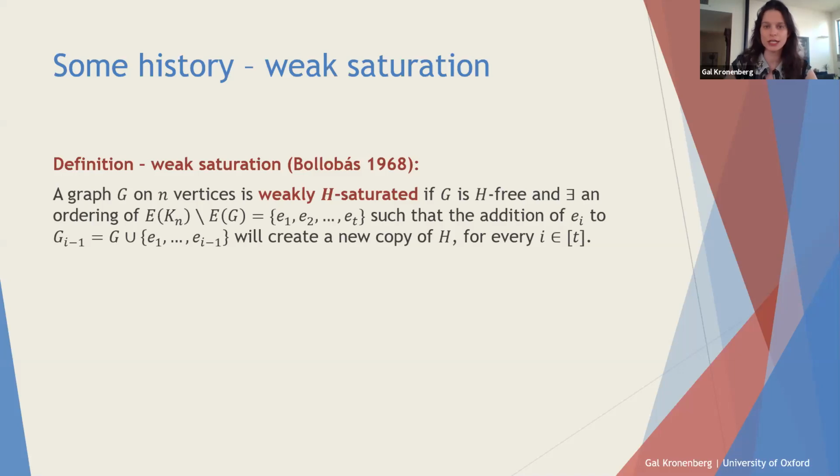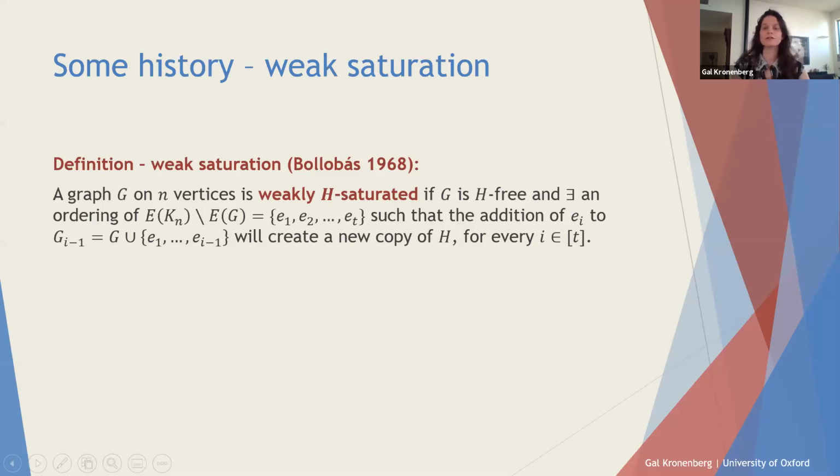We say that the graph G is weakly saturated with respect to the target graph H if we can order the missing edges, the edges that do not appear in G, such that the addition of each edge, in its order, creates a new copy of H. In this case, we say that G is weakly H-saturated, and most times we also ask for G to be H-free, not containing a copy of H.